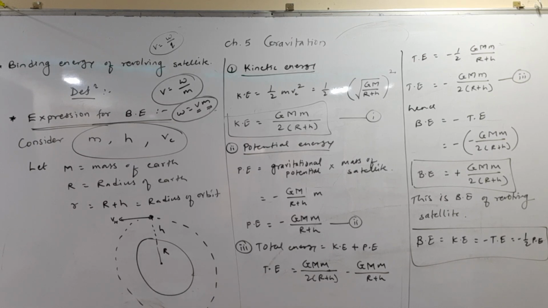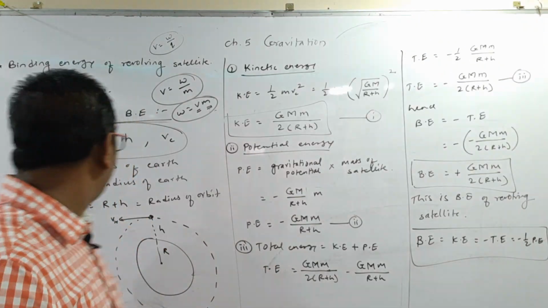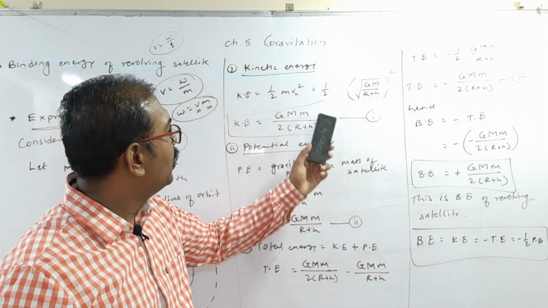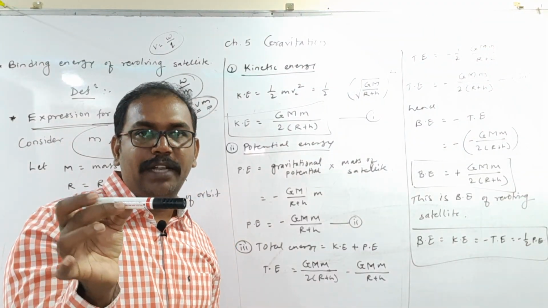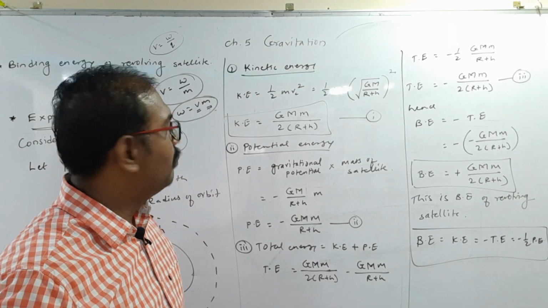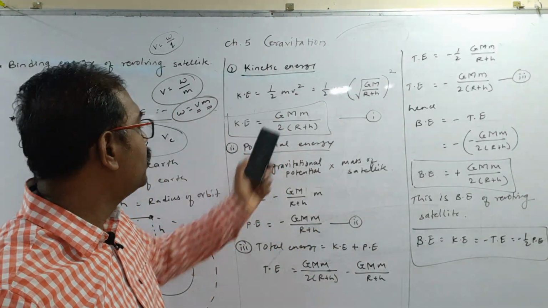I think here we can find out binding energy of object on surface of earth also. The only thing, if the object is placed on surface of earth, then same way kinetic energy is 0. Because if it is placed on surface of earth, binding energy of this pen you have to find out. Then pen is at rest, so kinetic energy 0.